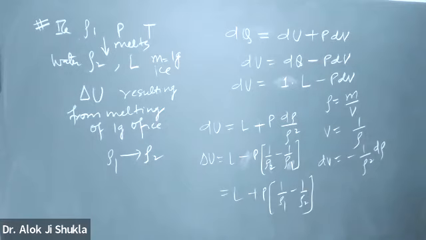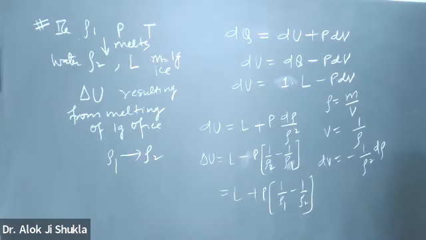So internal energy will increase or decrease? So rho 1 is bigger, no? Yes, sir, it will decrease. Delta U will be positive or negative?